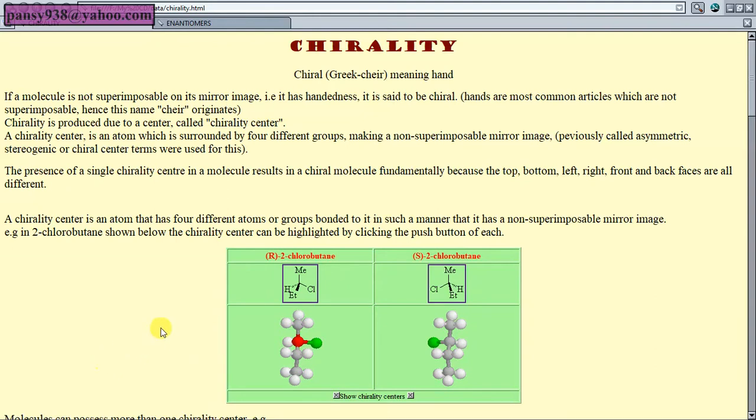Now come to our topic again, the main section of our topic. In the similar way, let's see the mirror image. Again, a methyl group at one end, an ethyl group at the lower end, a hydrogen and a chlorine.